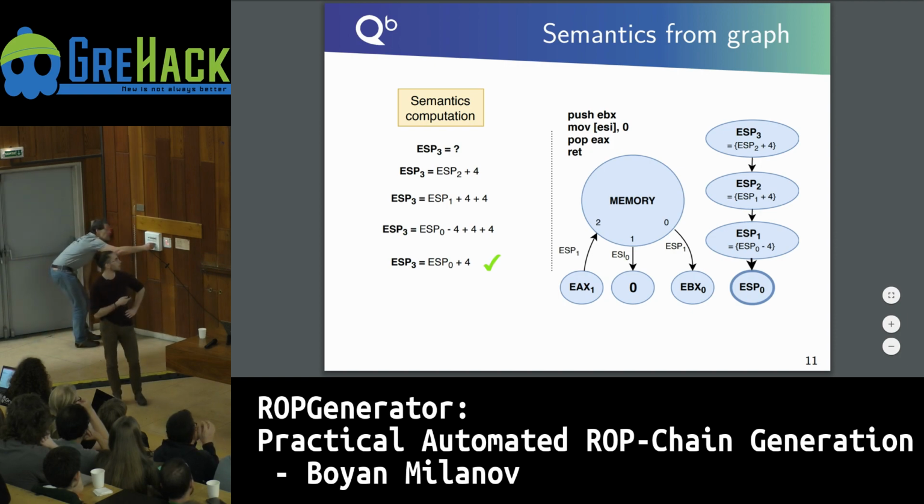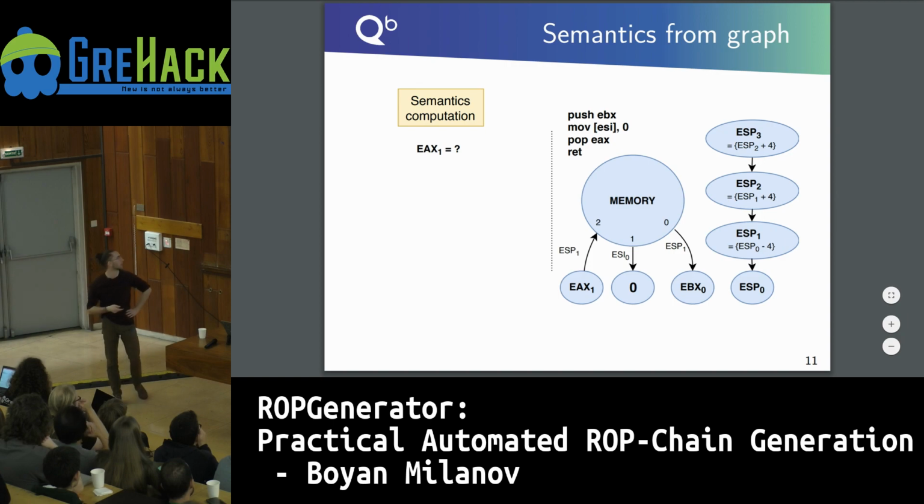Let's take an example on EAX, because it depends on memory, so it's a little bit more complicated. You can see in the graph EAX is equal to memory at address ESP1. This comes from the pop EAX instruction. And what is memory at address ESP1? Well, we check all the dependency arcs of memory, so the previous write operations in memory.